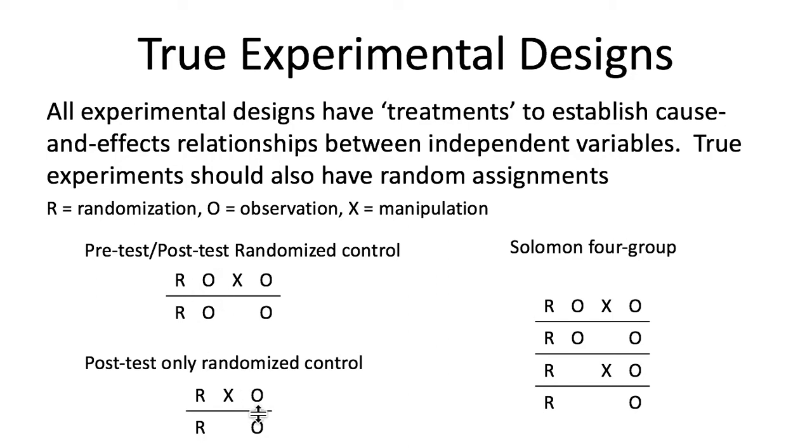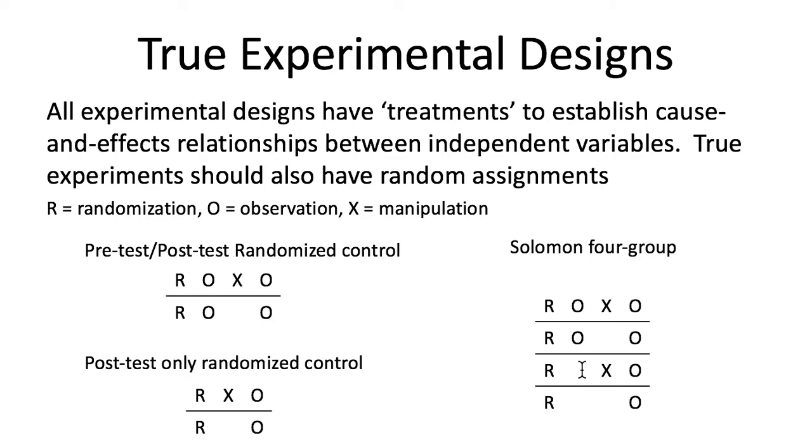Now, that's not as good because I don't get to look at the change, because there's going to be a ton of difference within each group that's going to kind of water down my results. So what I can do is the Solomon 4 group study, where I look at the top version and I look at the bottom version, and then I compare the differences between groups 1 and 2 with what I see with groups 3 and 4.